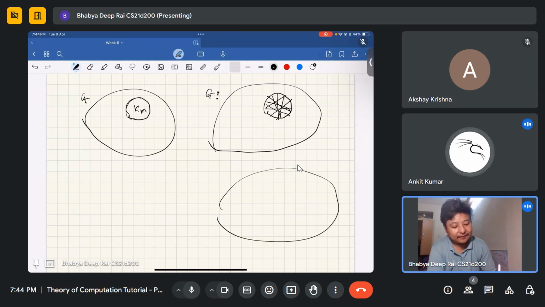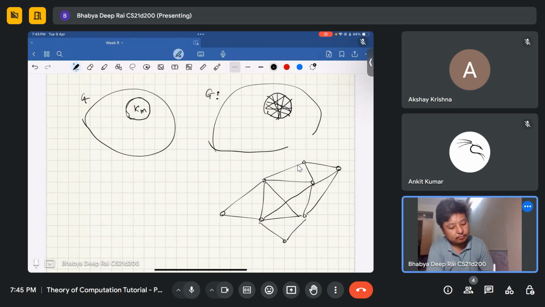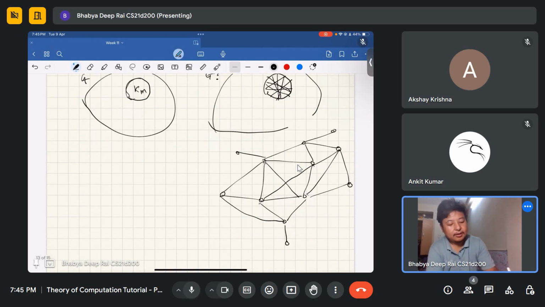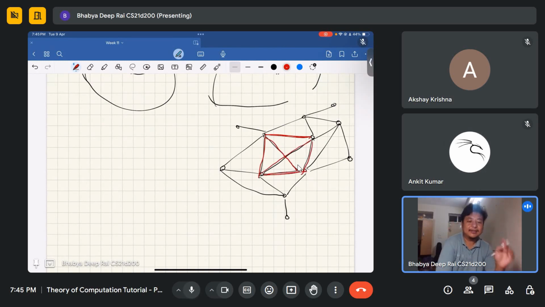Okay, for example, consider this graph. Now there is a K5 sitting inside, a complete graph on 5 vertices.